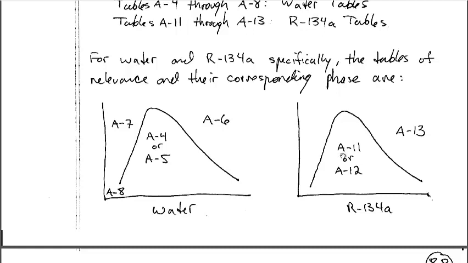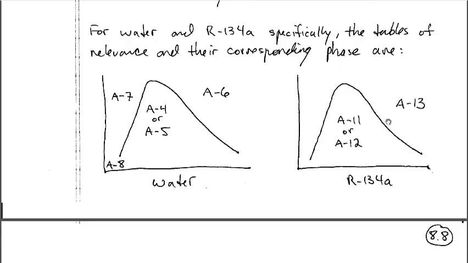That is tables A11 and A12. And again, I'll explain why there are two tables for the saturation region in just a moment. And then if the R134A is a superheated vapor, then we go to table A13 to get the property data for that substance in the superheated vapor region.